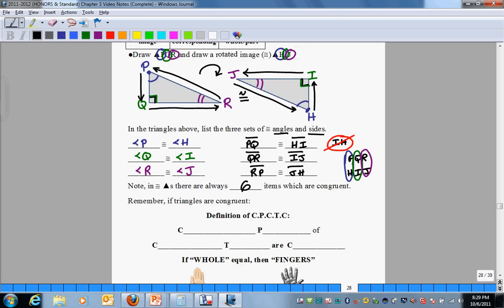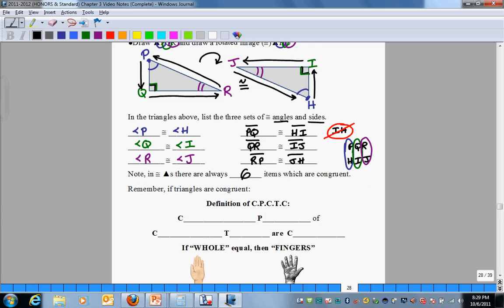Another way of saying this, the technical name is called corresponding parts of congruent triangles are congruent.